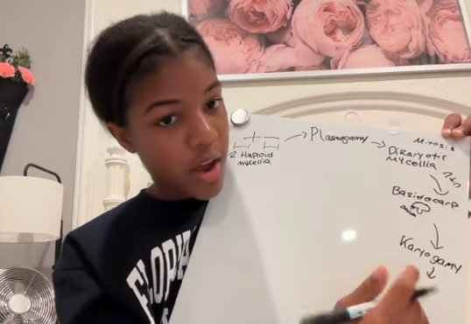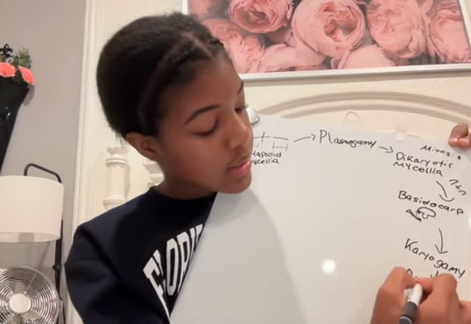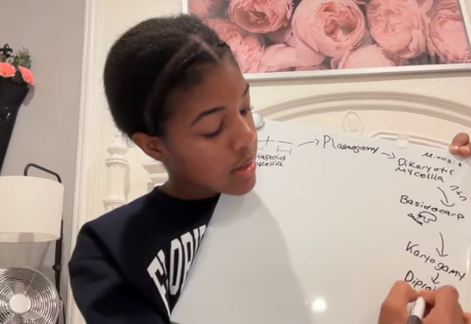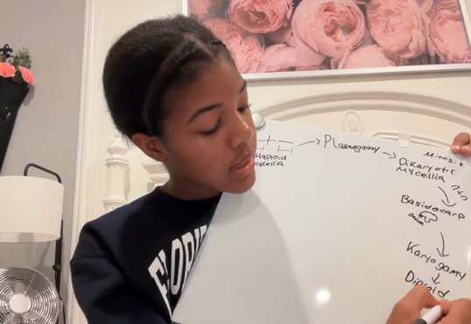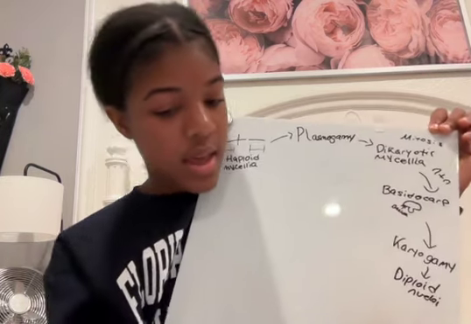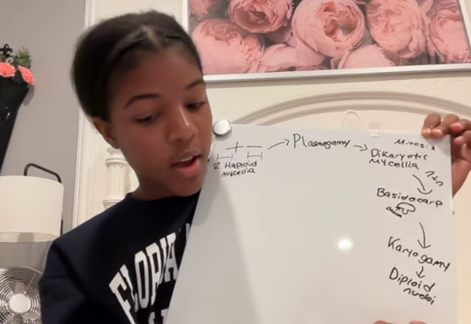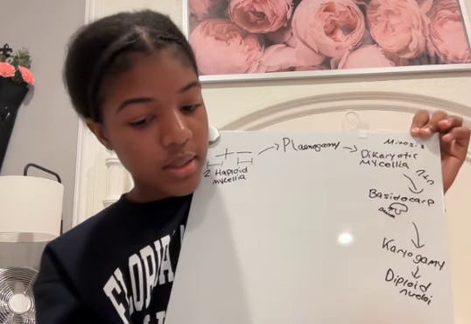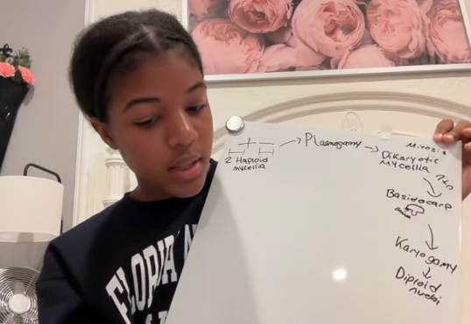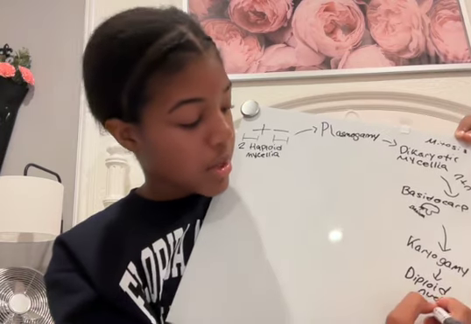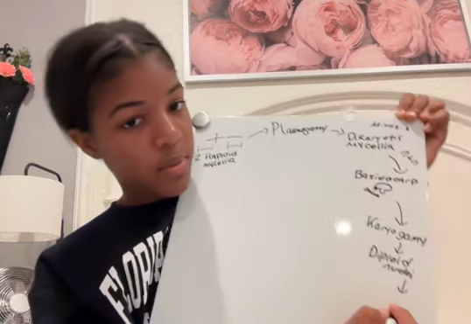And now, after karyogamy, we get our diploid nuclei. And karyogamy in each basidium produces a diploid nucleus, which then undergoes meiosis. So now we have meiosis.